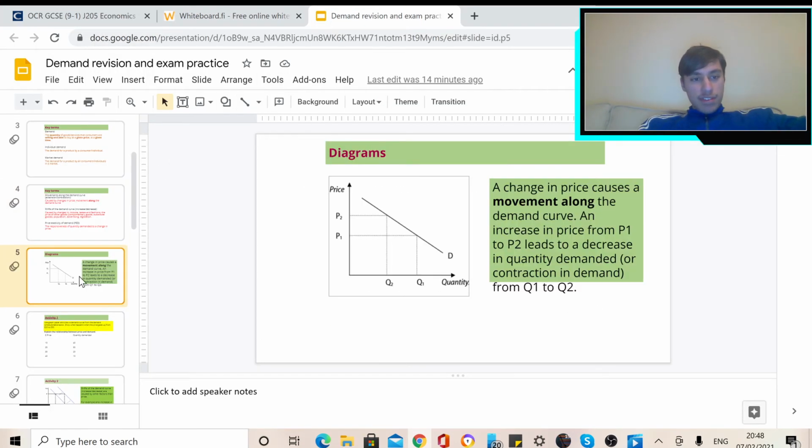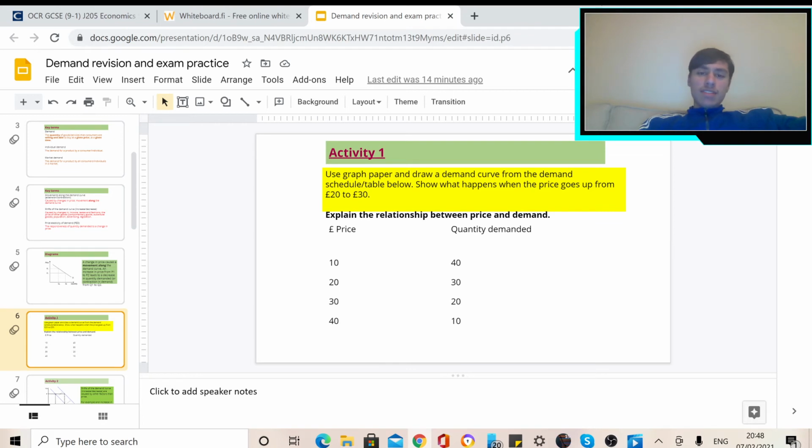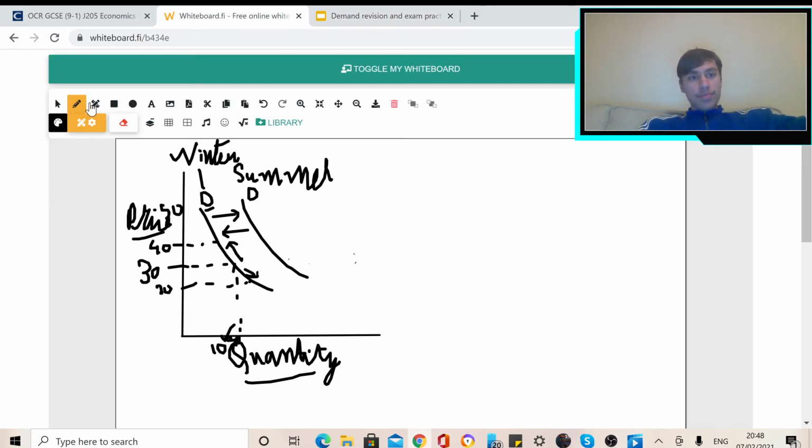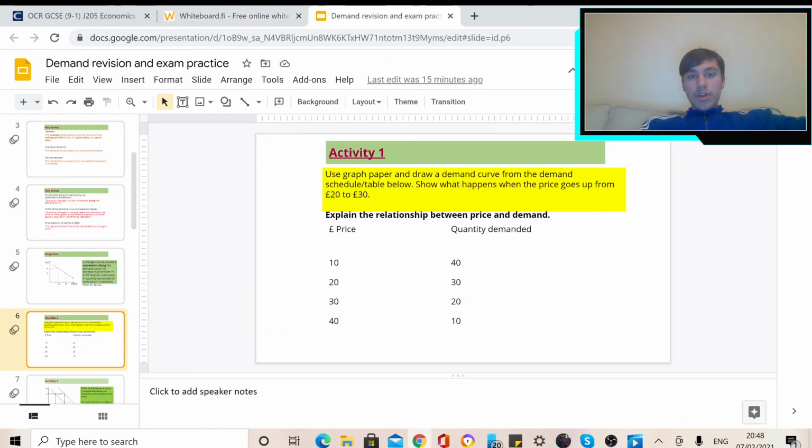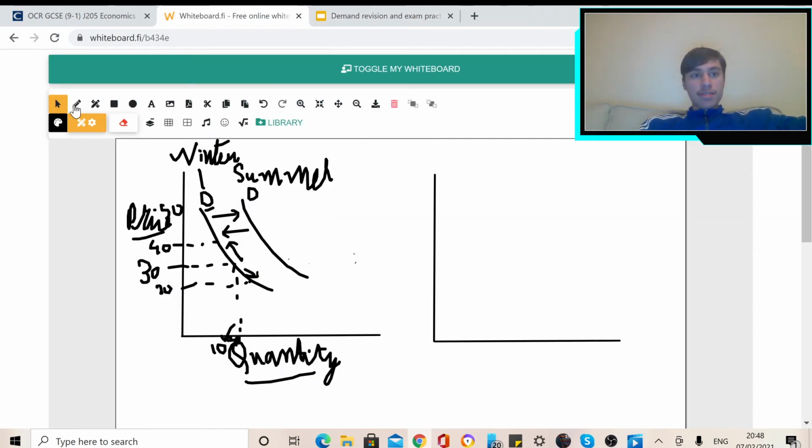Let me just see if I've missed out on something. Well, this is just one thing. So if you wanted to plot a demand curve for this one, let's just do it quickly. This is almost a straight line. Basically what you would do is, price always goes on the y-axis, and quantity always on the x-axis.